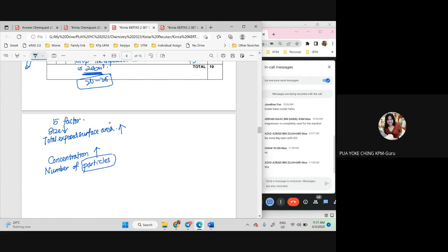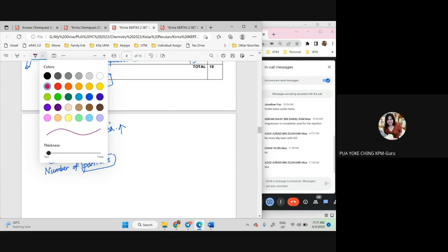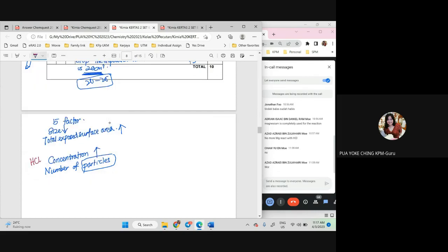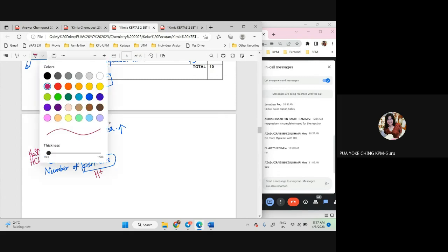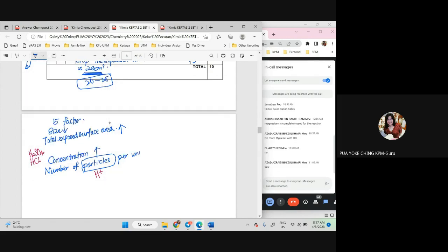Kalau yang kita pakai ni ialah acid, let's say HCl lah, atau H2SO4 lah, atau apa-apa, your particles will be H+. Okay, number of particles per unit volume akan jadi tinggi. So, kadar tindak balas jadi tinggi. So, this is concentration.